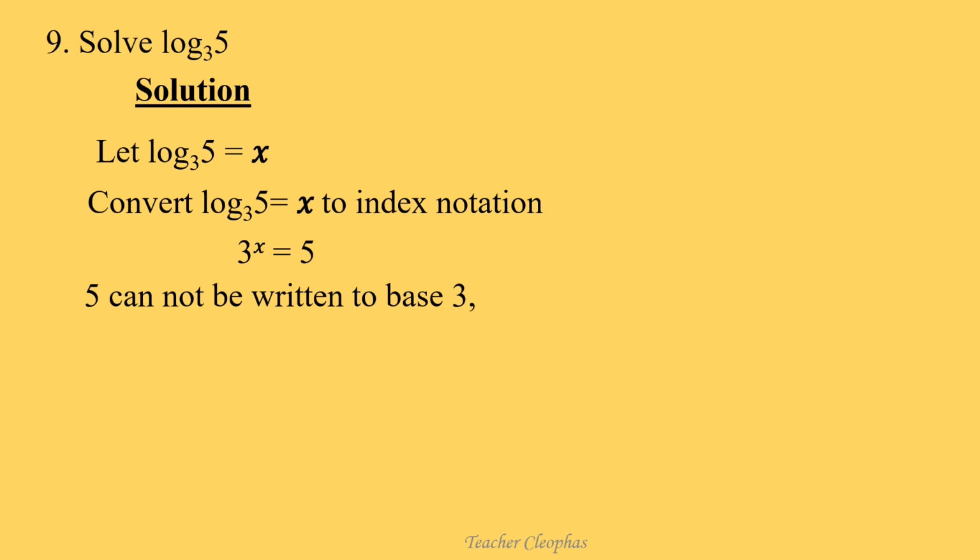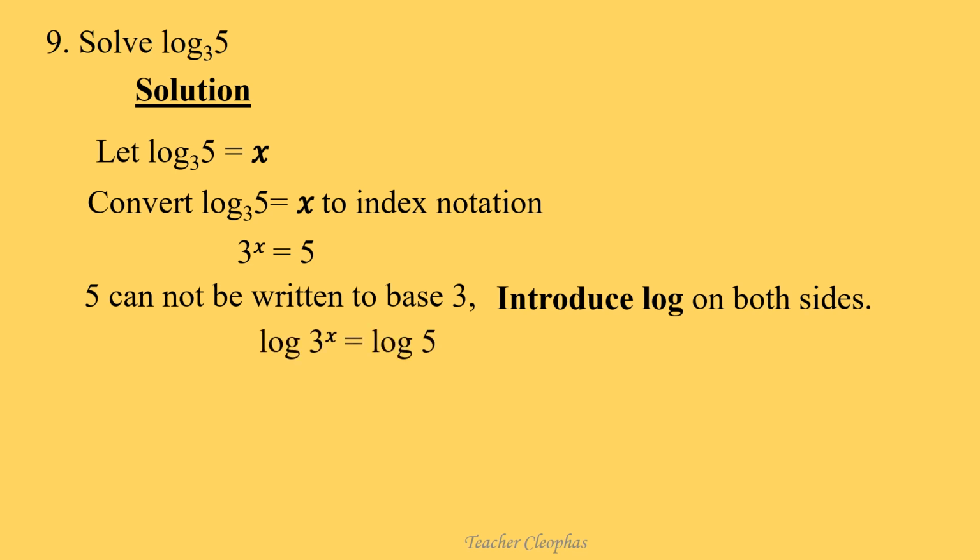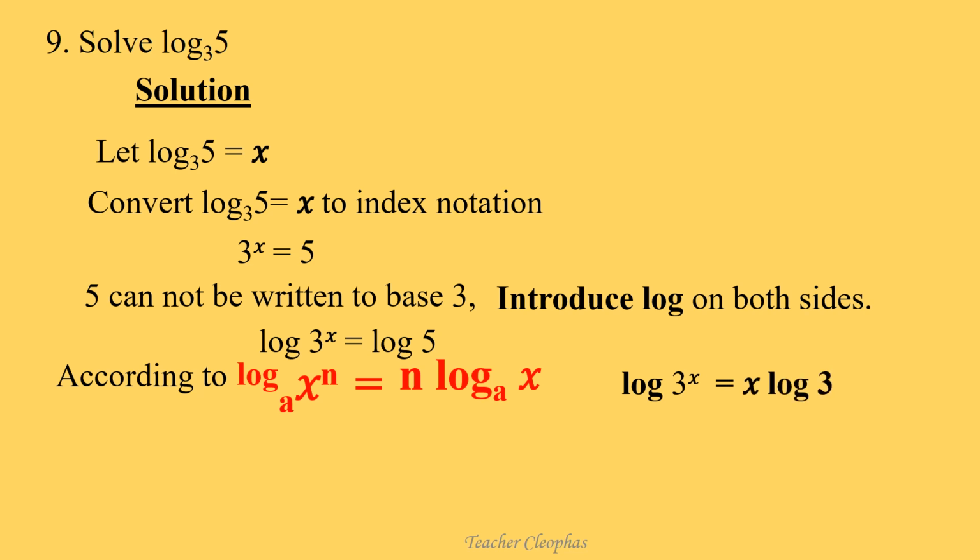We simply need to introduce logarithm on both sides, so that we have logarithm of 3 power x equals the logarithm of 5. According to this law that states that logarithm of x power n to base a equals n multiplied by the logarithm of x to base a, we can write logarithm of 3 power x as x multiplied by the logarithm of 3.